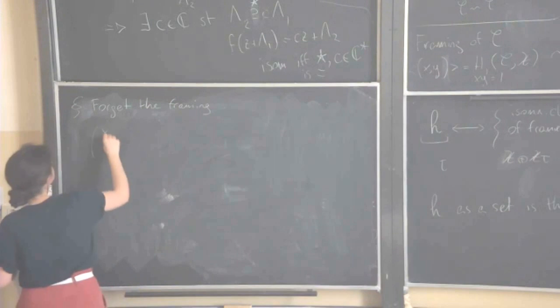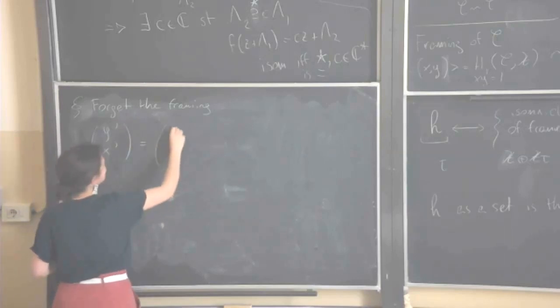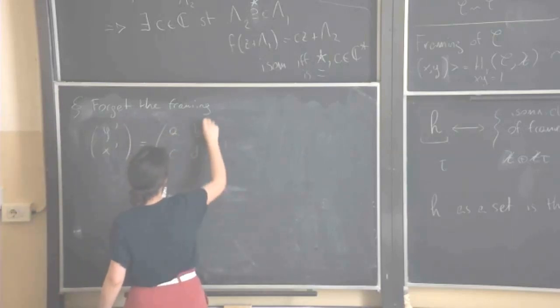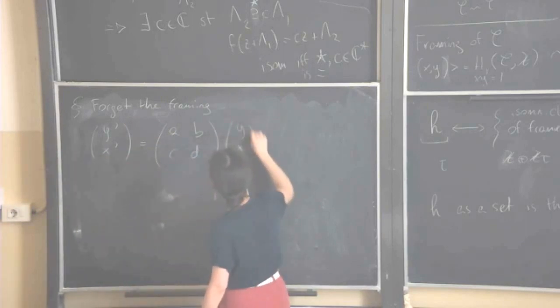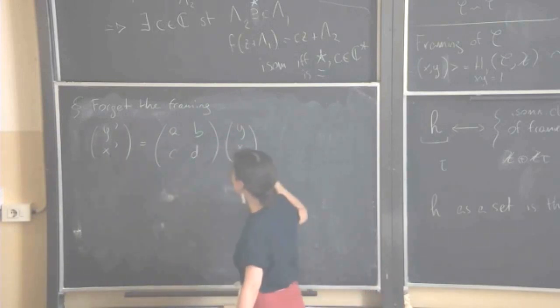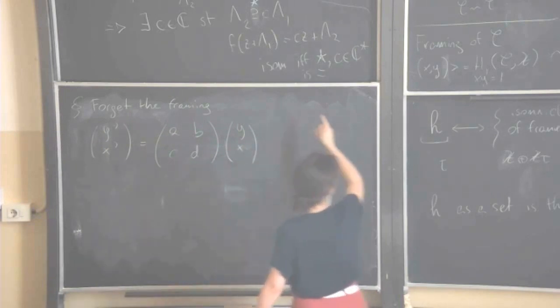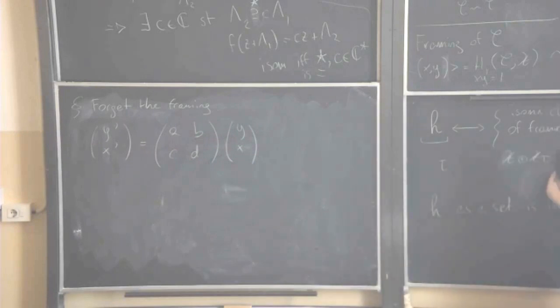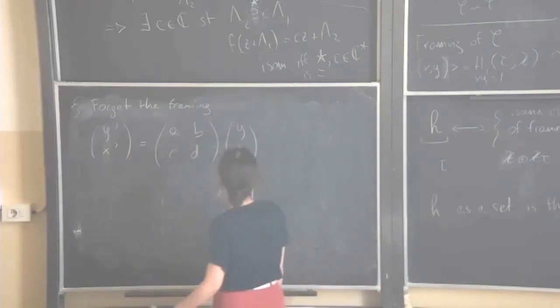You start from your basis, and you switch from a frame to another by using a linear transformation. This is basically because here we are working with Z-modules, so we're using matrices. We're doing linear algebra.